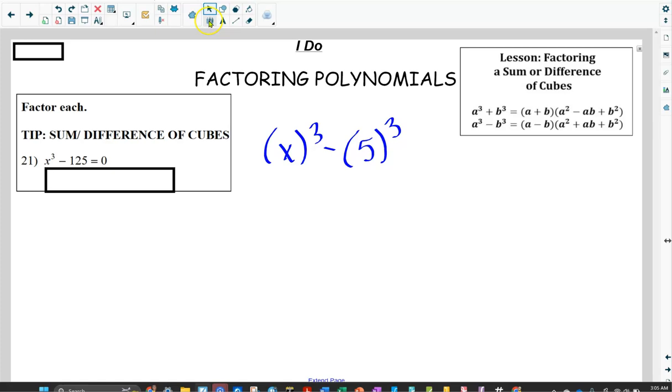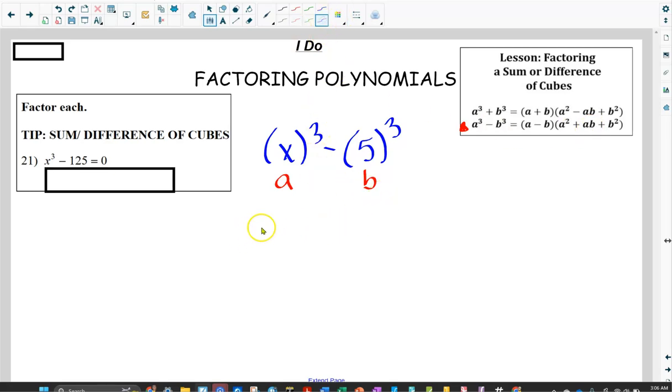Okay. It's been a while since we used the formula, so since we're using this one right here, okay, I have an a cubed minus b cubed, so I'm gonna call this a, and I'm gonna call this b. Okay. So now I'm gonna have this formula where I just plug in and I'm done.